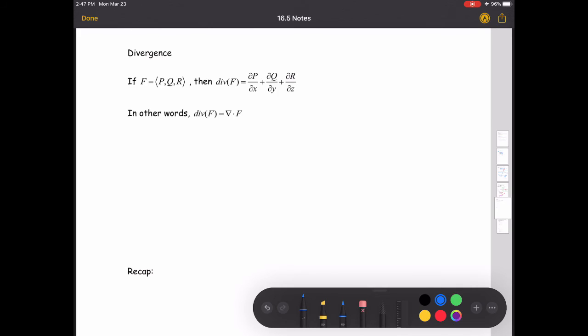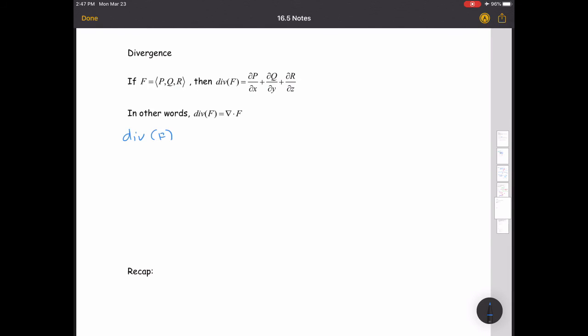The divergence is defined to be the dot product of the gradient and our vector field F. So it's called div of F, and it is defined to be the partial with respect to x, partial with respect to y, partial with respect to z, dotted with P, Q, R. Well, of course, that's just going to be dP/dx plus dQ/dy plus dR/dz.